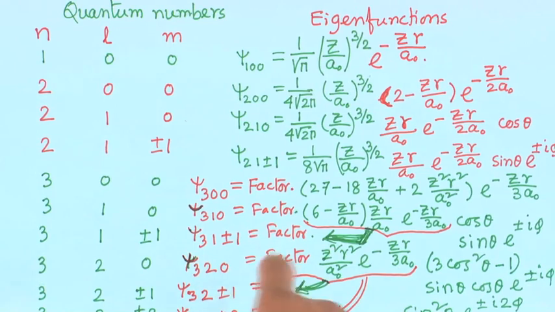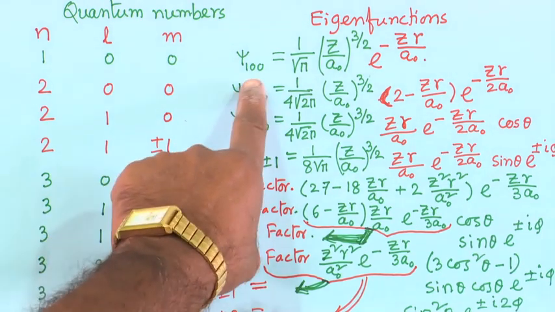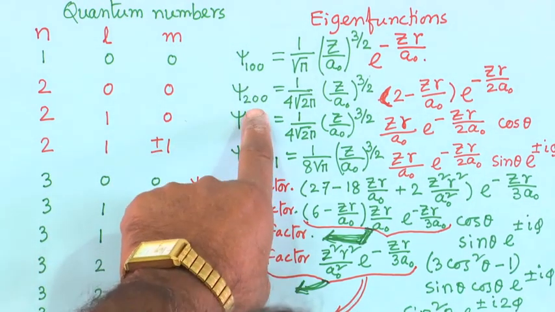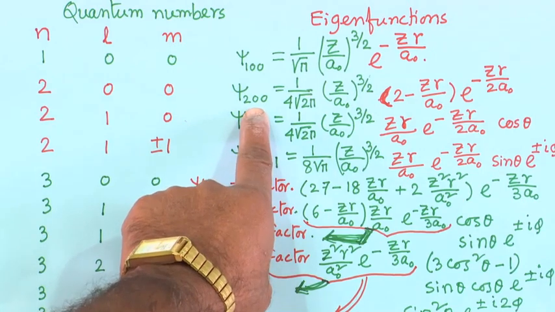For L equal to 0, M L automatically will be 0.